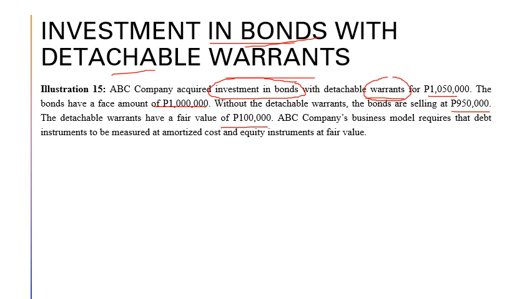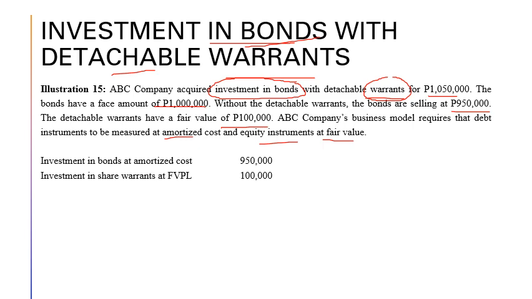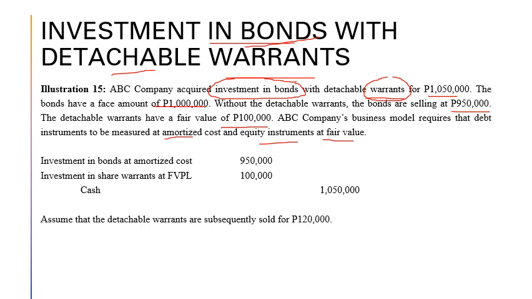Okay, the business model requires that debt instruments will be measured at amortized cost and the equity instruments at fair value. Okay, so the entry would be investment in bonds, 950,000, investment in share warrants at FVPL, 100,000, then credit cash, 1,050,000.